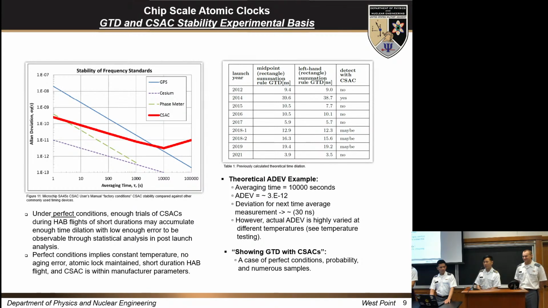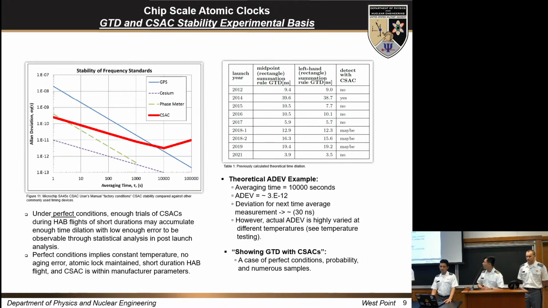But going into some of the experimental basis on the GTD, as Aaron was saying, some of the conditions that we're experiencing under the high altitude balloon is we're having to do this under perfect conditions. So that assumes things like a constant temperature, low pressure, no pressure changes, as well as short duration high altitude balloon flights, as well as maintaining an atomic clock between the quartz oscillator and the clock.